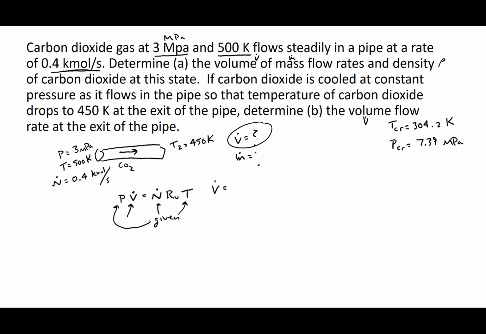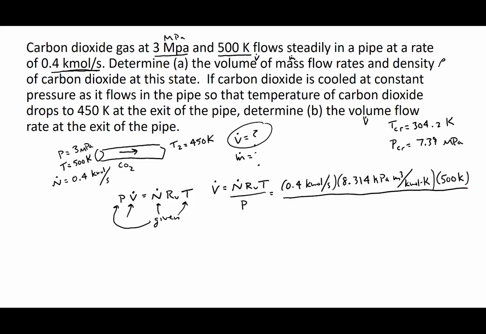The volumetric flow rate is equal to the number of moles per second multiplied by the universal gas constant multiplied by temperature over pressure. So this is equal to 0.4 kilomoles per second multiplied by the universal gas constant, which is 8.314 kilopascals meters cubed per kilomole K, multiplied by the temperature, which is 500 Kelvin, all over 3,000 kilopascals.